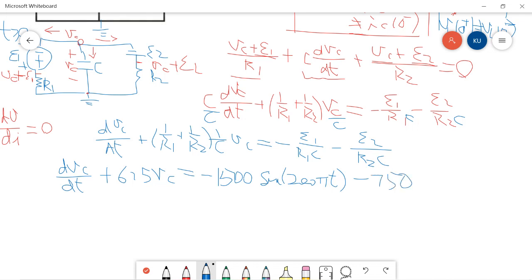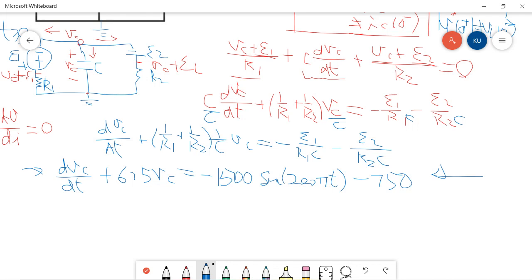So we have a constant coefficient, linear ODE of first order. This term is a first order derivative, which is the highest derivative term, so we call it the first order ODE.